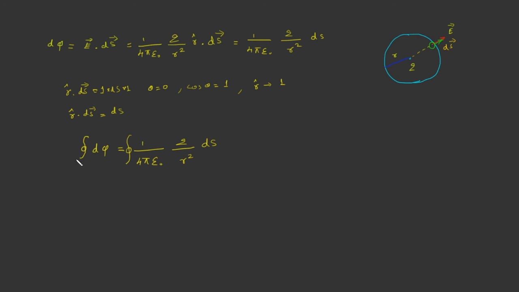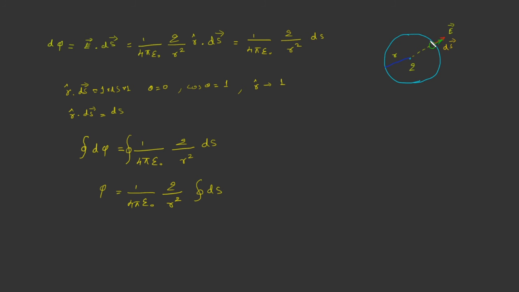So, we got the closed integral d phi is equal to closed integral 1 by 4 pi epsilon 0 Q by r square ds, and that is phi is equal to 1 by 4 pi epsilon 0 can be taken outside. Q and r are also constant, so it can also be taken outside. So, it is closed integral ds.